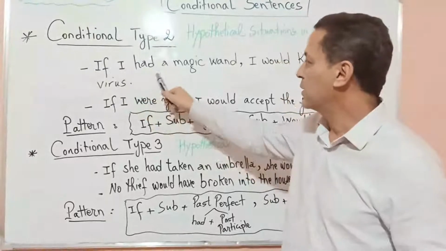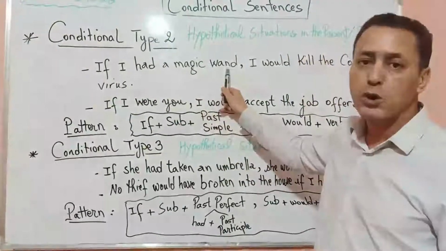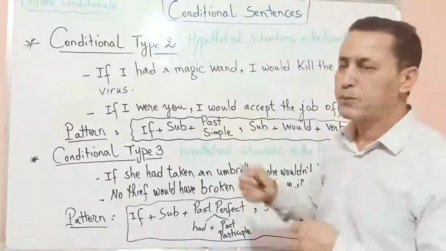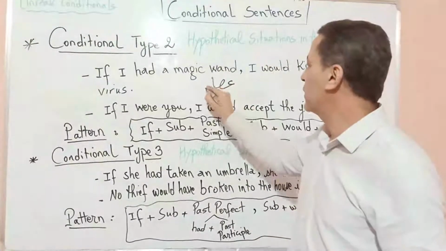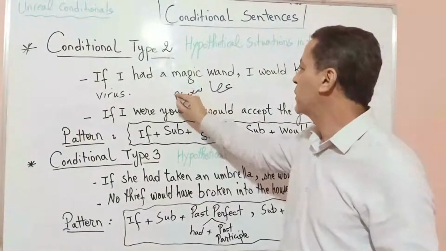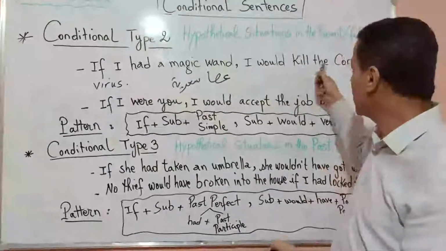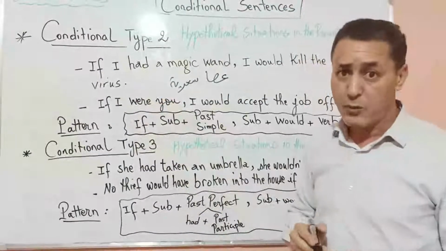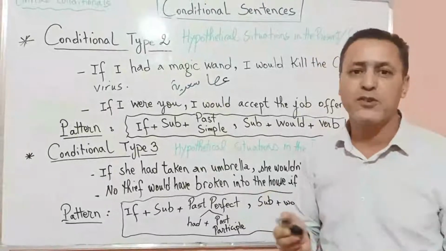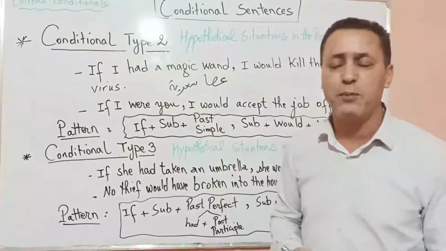So let's look at the example. If I had a magic wand, okay, magic wand, عصا سحرية. If I had a magic wand, I would kill the coronavirus. Why? Because it's causing a lot of harm. It's killing people.